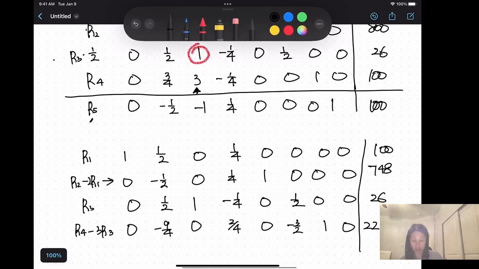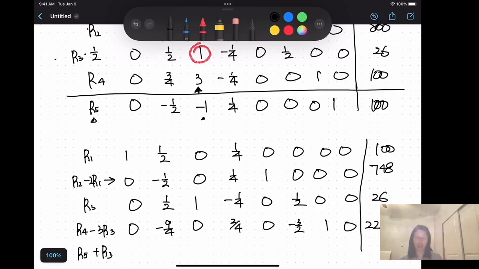Okay, the last one is R5. R5 here is -1, and so I want R5 to become what? R5 plus R3, because then they can cancel each other. -1 add 1 is equal to 0.